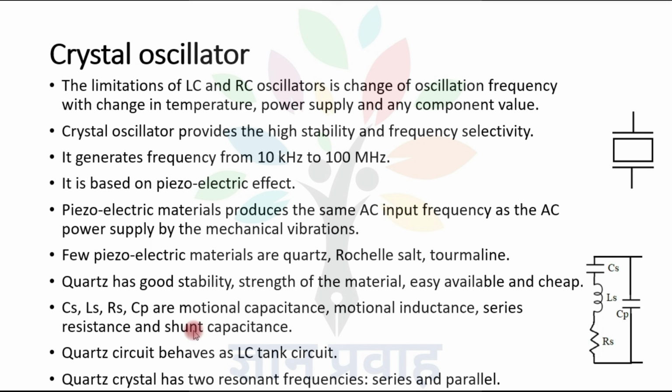So the crystal circuit acts as an LC tank circuit or feedback circuit. It has the same properties as we discussed for other LC and RC tank circuits. A quartz crystal has two resonant frequencies, series and parallel.